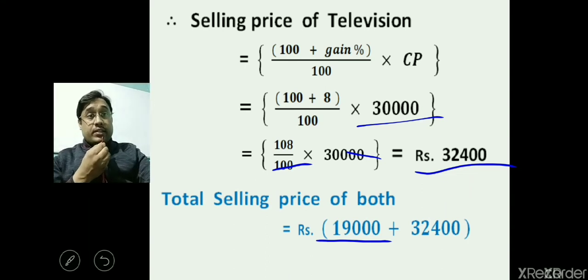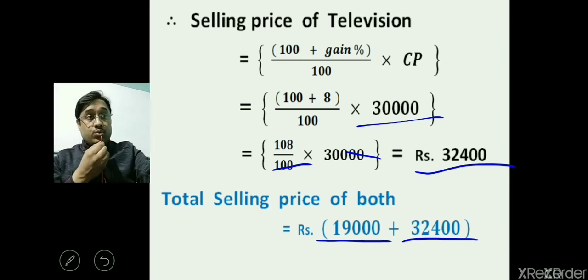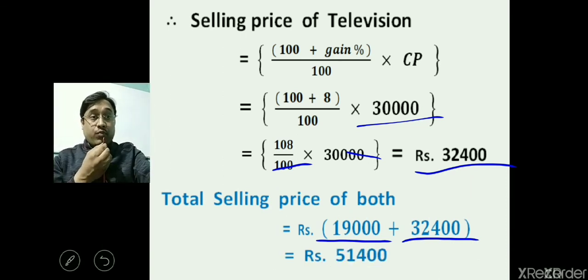And the selling price of the television is 32,400. Then when you add these two, you get 51,400 as the total selling price of both, television and washing machine.